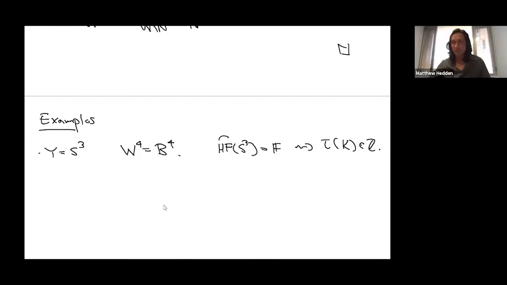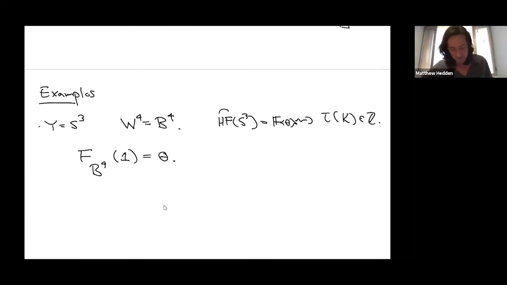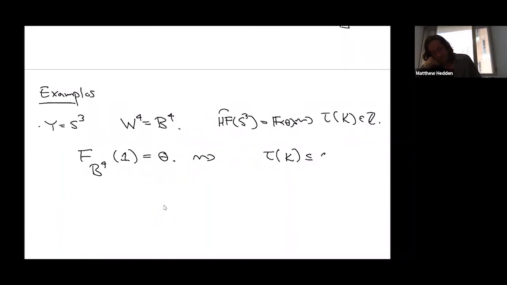What they use this to show is that, for instance, in this case, the relative invariant of the Floer ball, generated by theta, maps to theta non-trivially, and so you can use this inequality to show that tau of K is less than or equal to the genus of any surface embedded in the Floer ball.